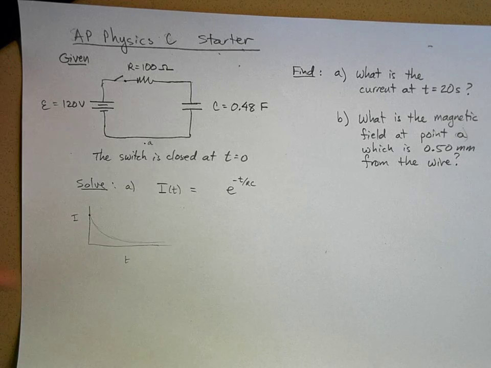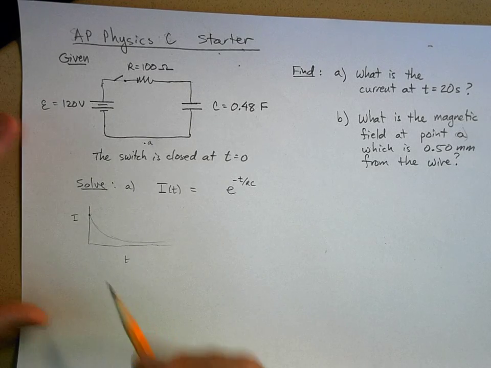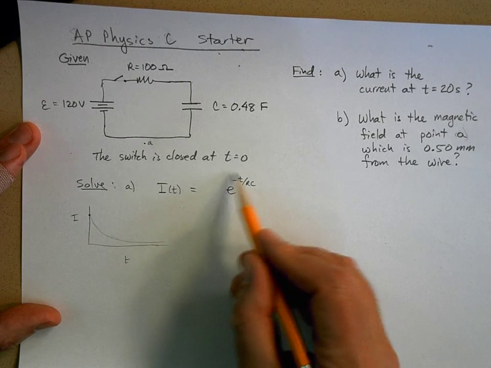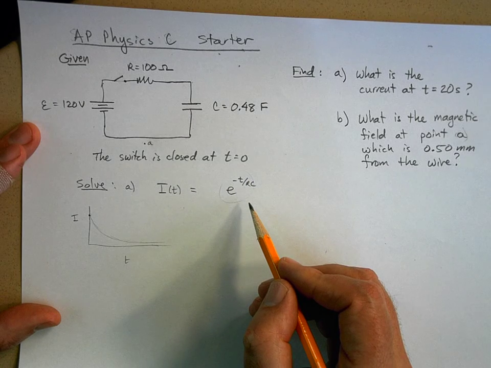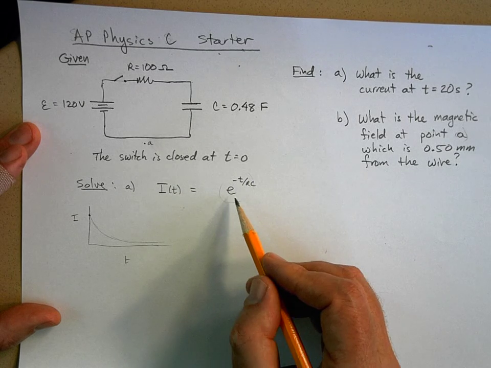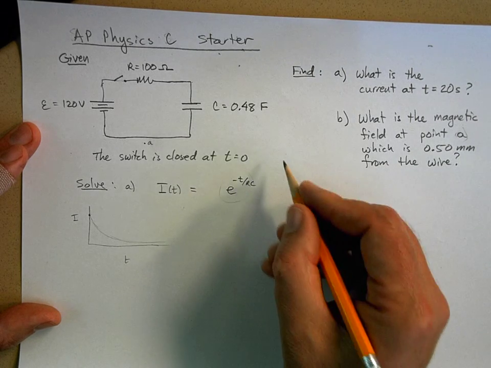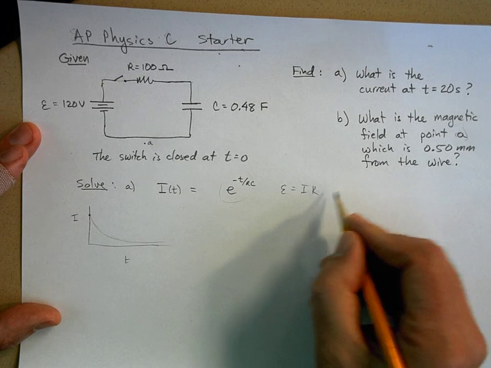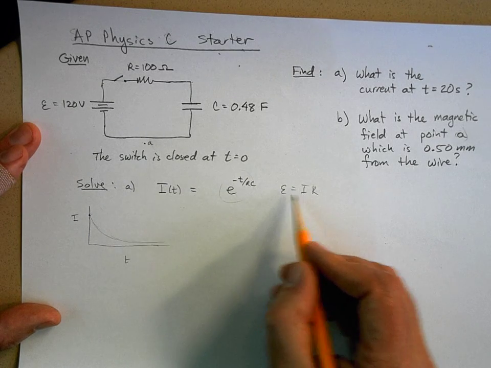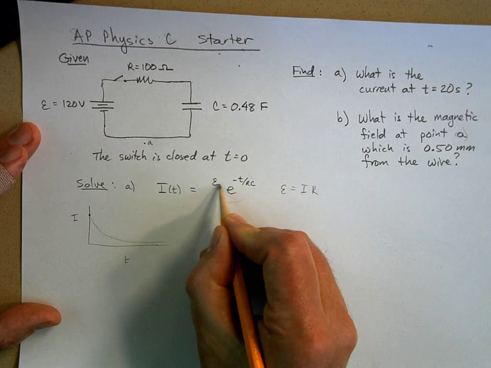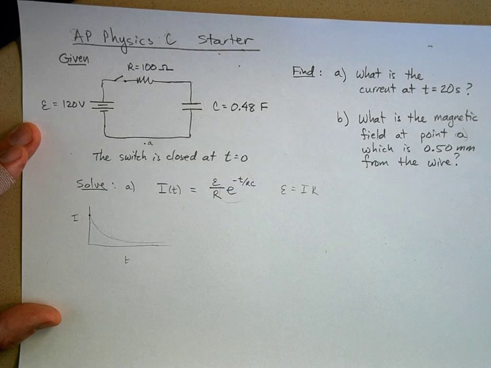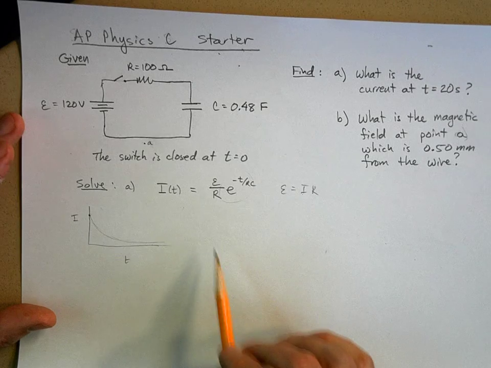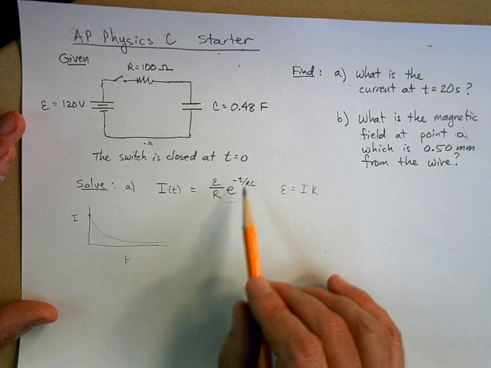So what I want is for this to be 1 at t equals 0. And I know that we have E equals IR, so the maximum is just going to be E over R. I don't need the 1 minus e to the negative t over RC.